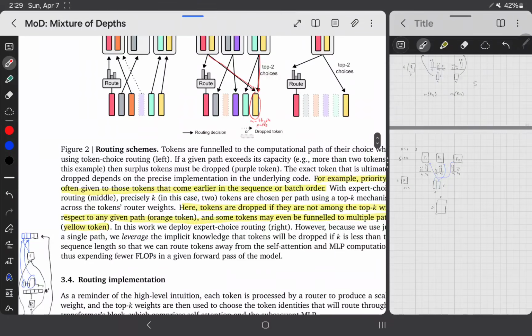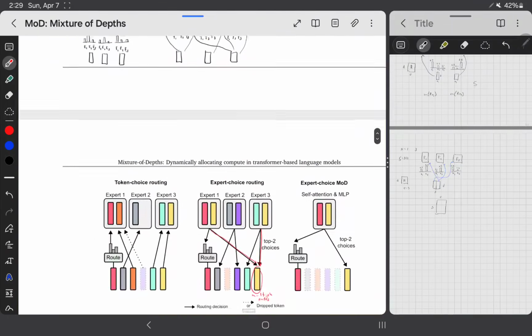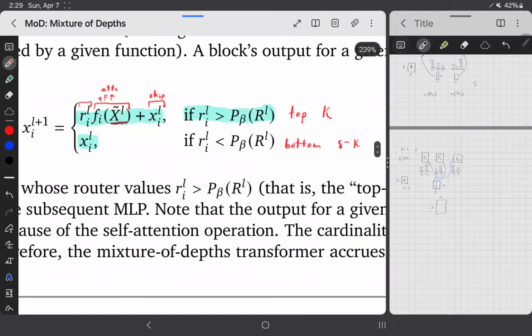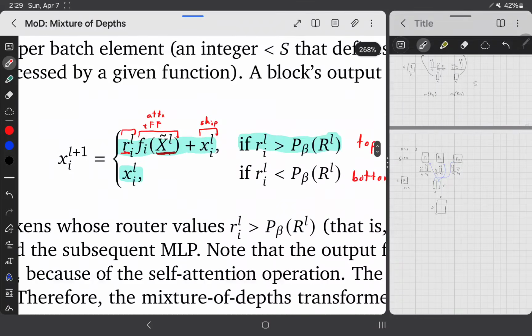Now, does this make sense? Intuitively, it kind of does. If you look at the gradient of this weight, it actually does make sense. Say you pass a token through, and it has some weight.